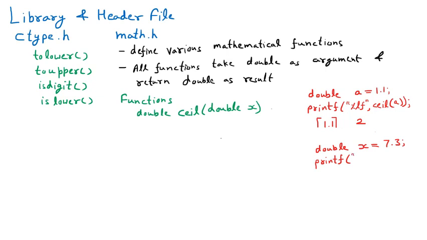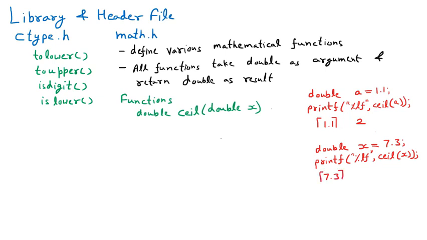To print the double value, %lf is used. Just like %d is used for an integer value and %f for a floating value, %lf is for large float, which means double. So for double we use %lf, comma, and we find the ceiling of x. In mathematics we write this as ceiling of 7.3.